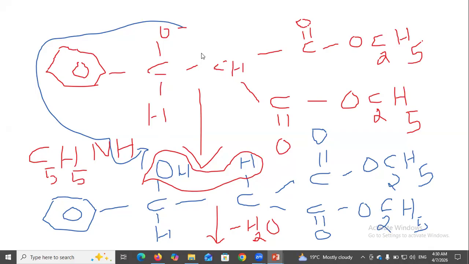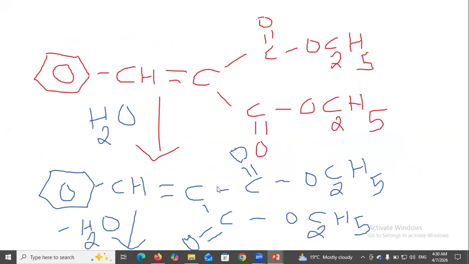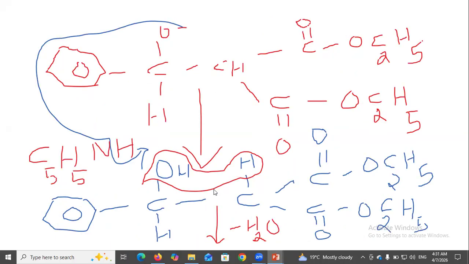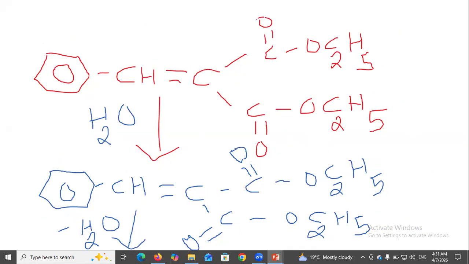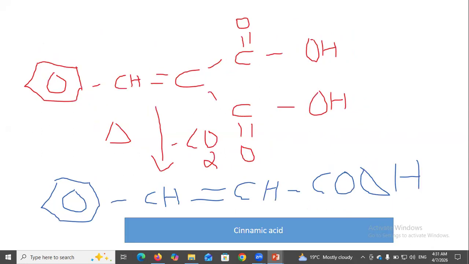Again, this negative charge abstracts hydrogen and produces this alcohol, and this alcohol and this hydrogen, the water, again heated, produces cinnamic acid.